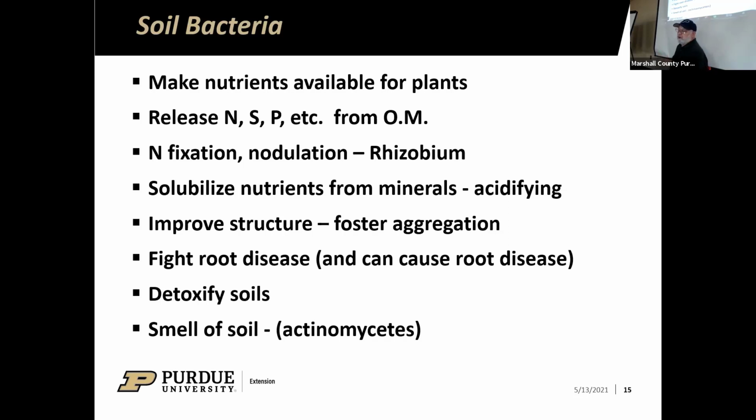So our soil bacteria are very important in cleaning up contaminated sites. And they give us the smell of soil when we're holding it in our hands and we get excited about that soil odor. We can thank the bacteria for that.